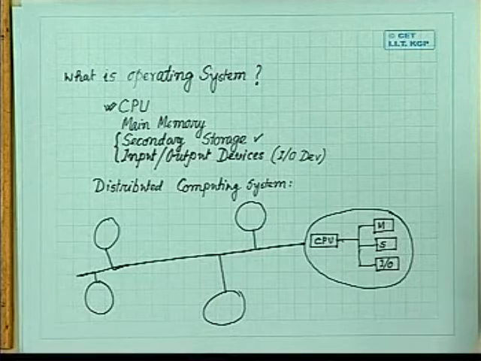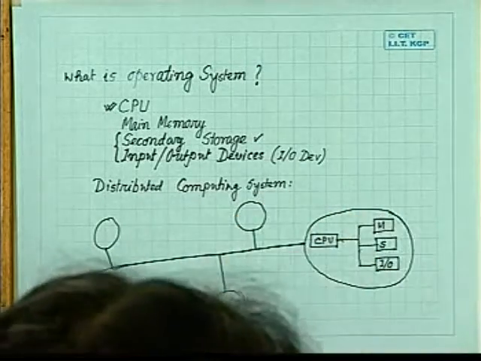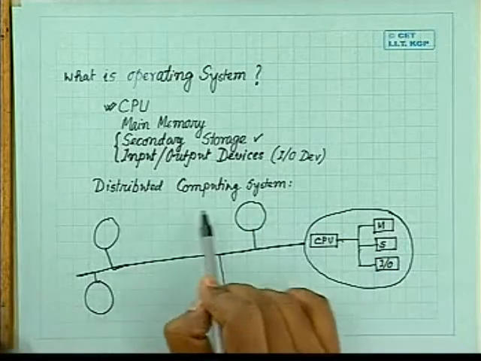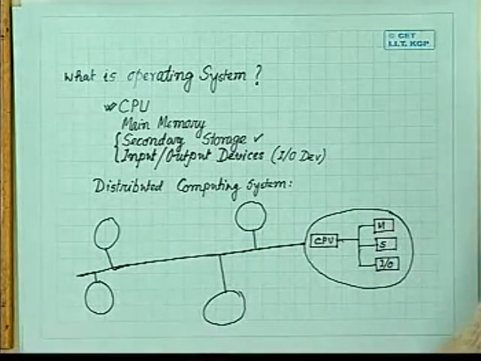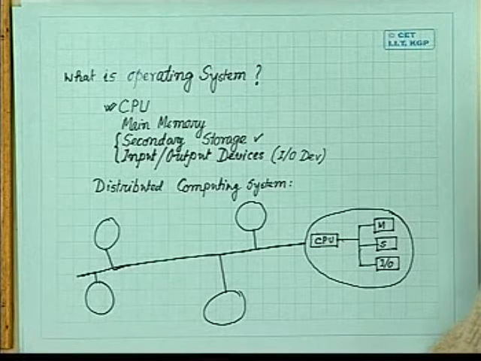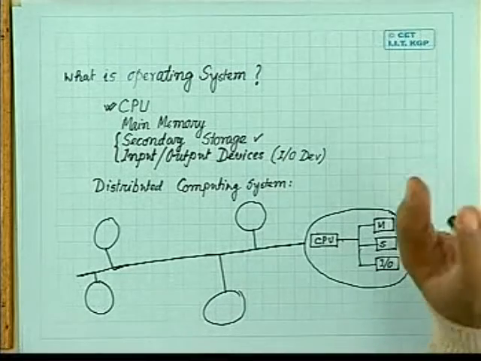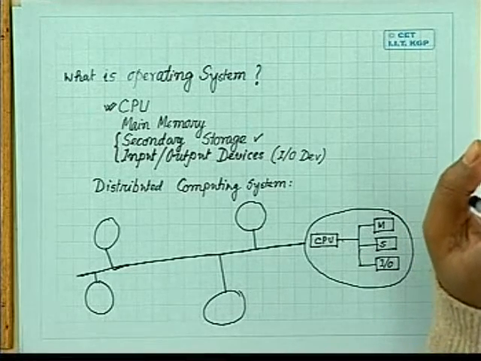Okay. Now, the aim of having such a distributed computing environment is that it is not necessary that all the information has to be put on a single computer, because in that case your storage requirement may be tremendous.